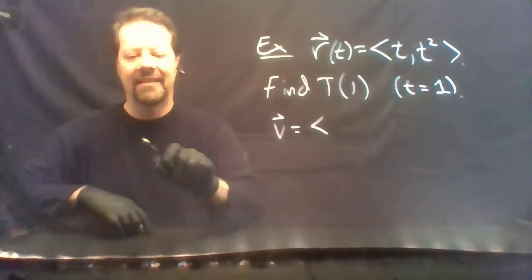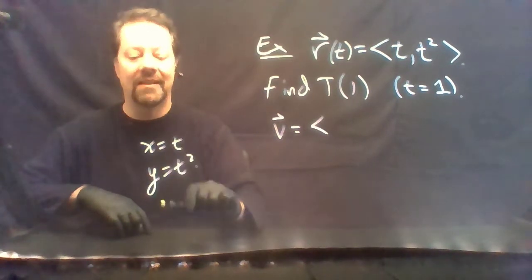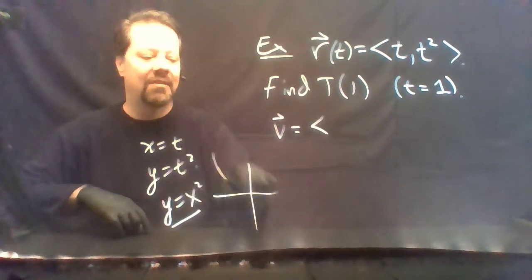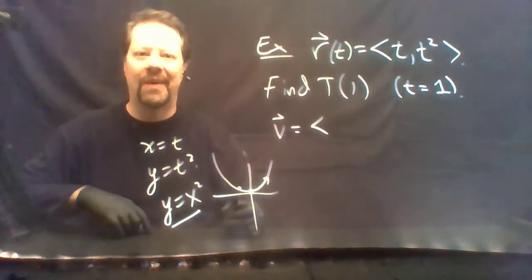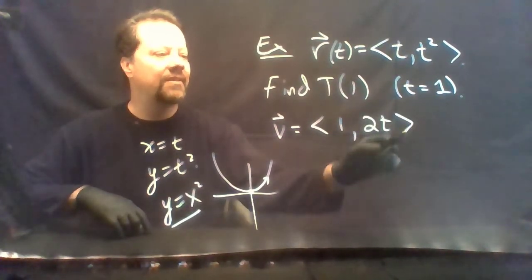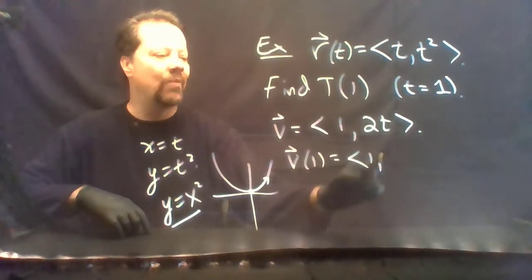By the way, if x is t and y is t squared, that means y equals x squared. We're looking at a parabola being swept out from left to right. The velocity vector will be 1, 2t, and the velocity vector at 1 is going to be 1, 2.